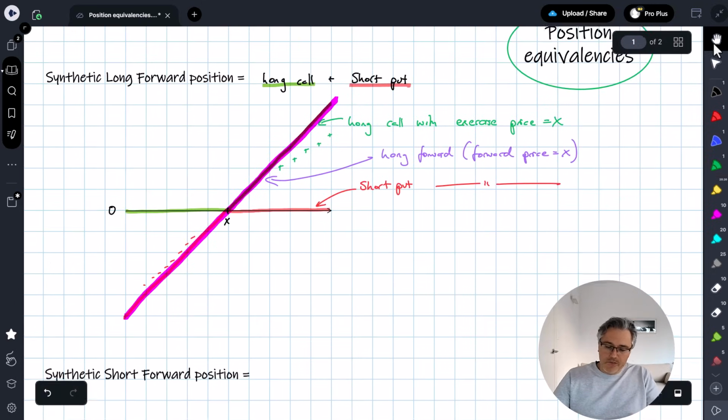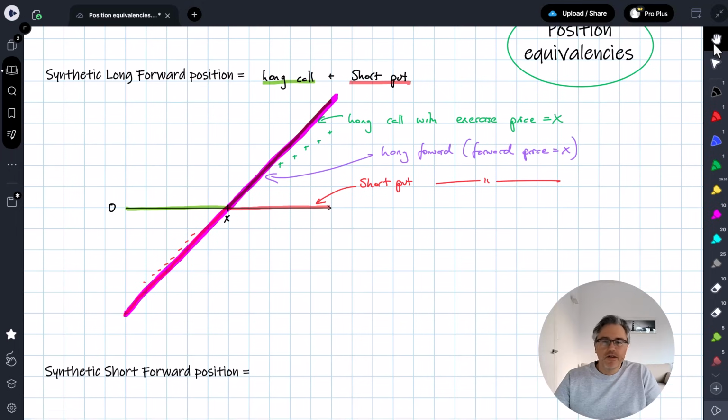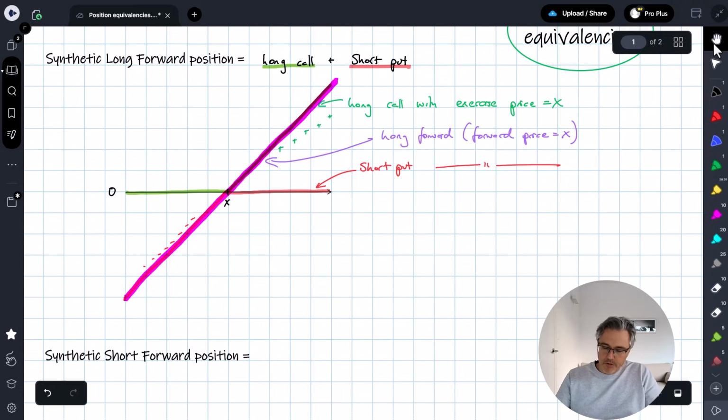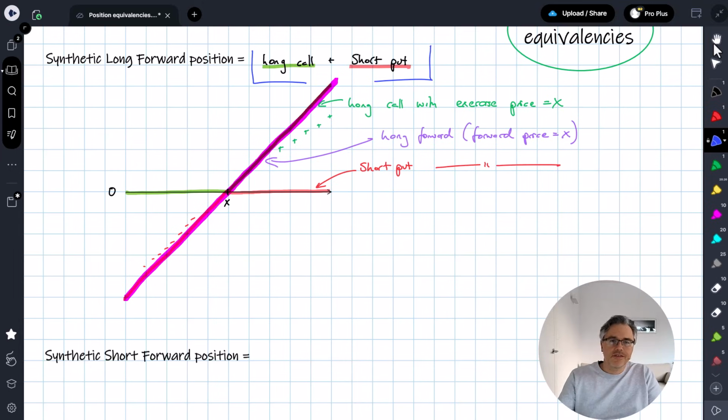As you may appreciate by now, having done some options at level 1 and level 2, if you want to go from long to short, and you've already got a formula for one of those positions, you basically want to reverse the positions on the individual instruments.